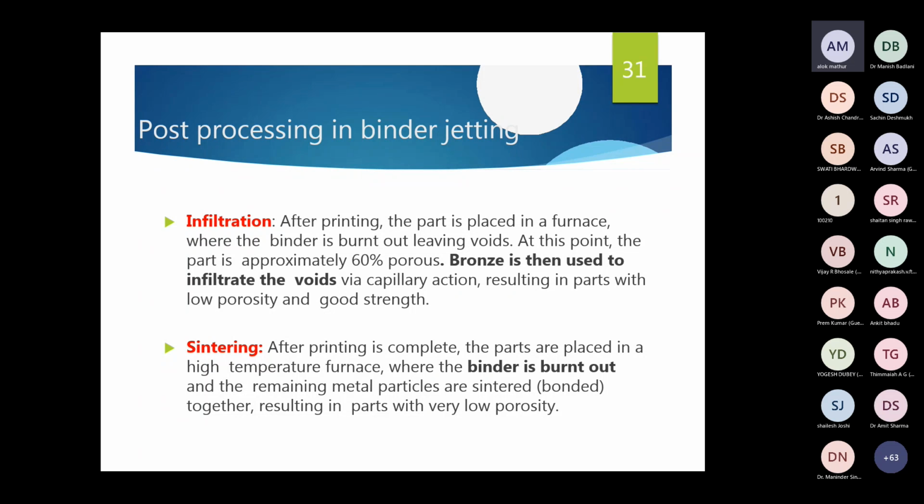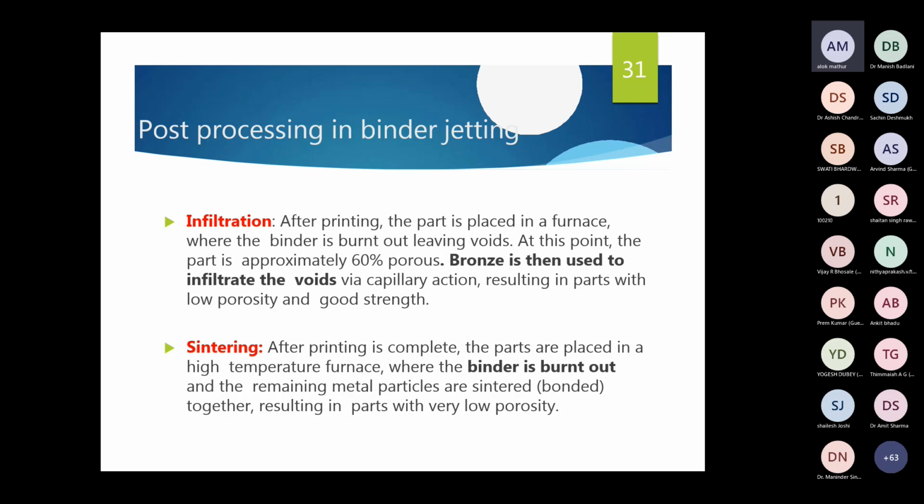Sintering is another way of binder jetting. After printing is complete, the parts are placed in a high temperature furnace and the binder is burned out. So here the method is a little different, but the objective is the same: we want to remove the binder from the job.